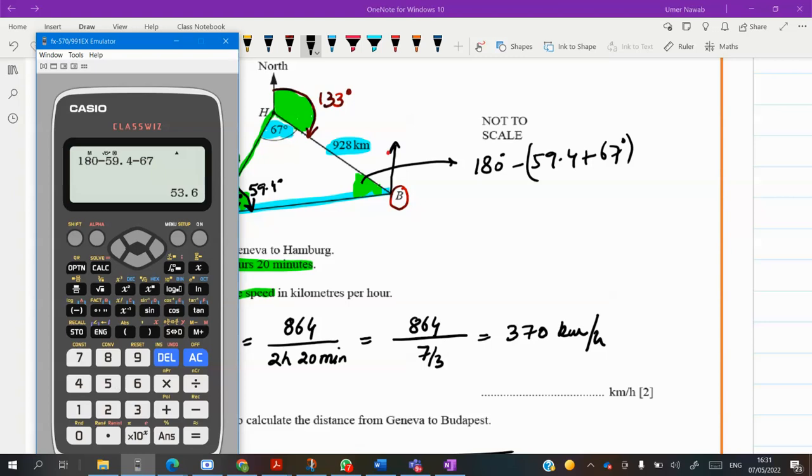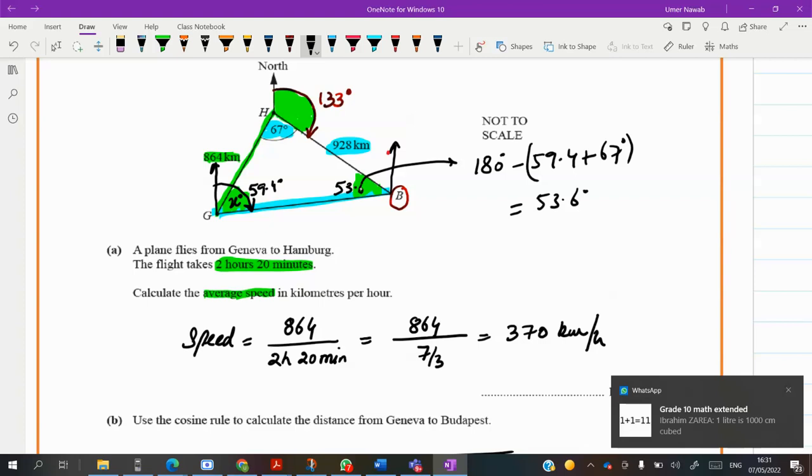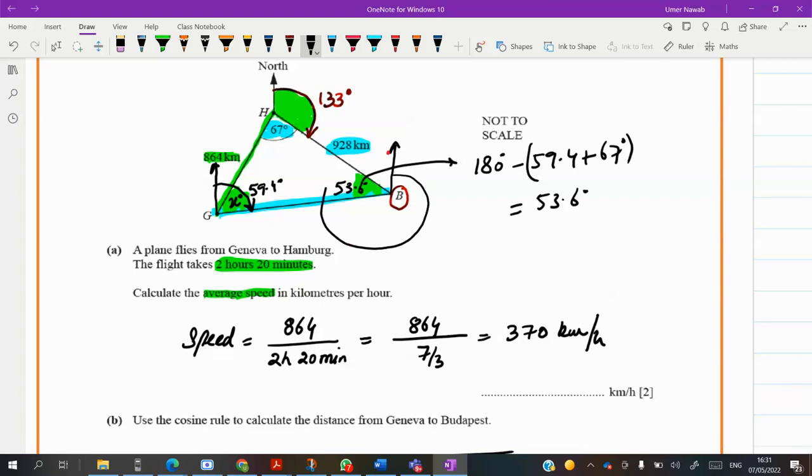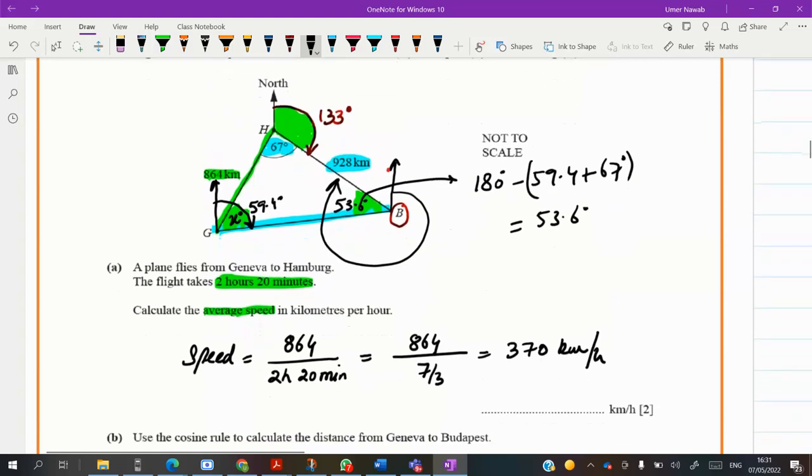It gives us 53.6. This angle is 3.6. And you all remember we found this angle 313, which I erased.